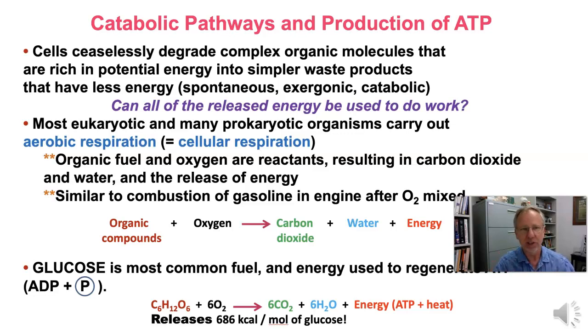Now I've got a question there in purple. Can all of the released energy that's coming out of these complex molecules be used to do work, like to make ATP? Can 100% of it be used to make ATP? And the answer is no, because of the second law of thermodynamics.